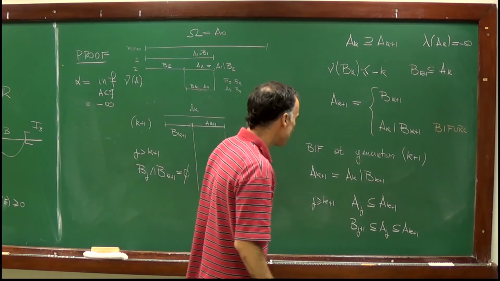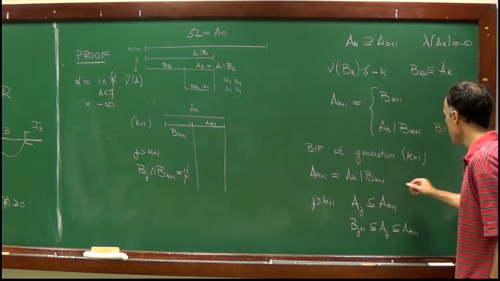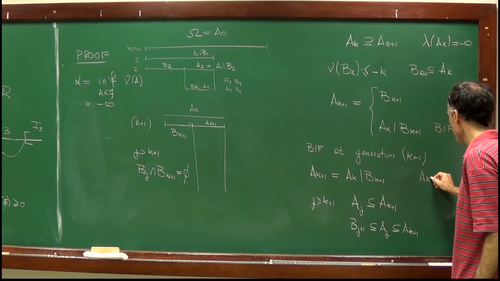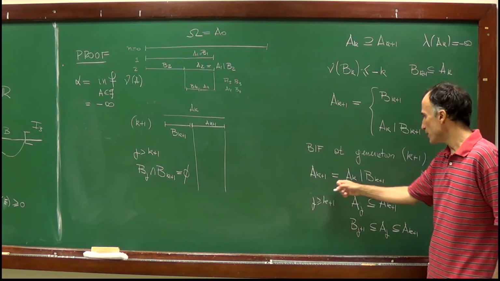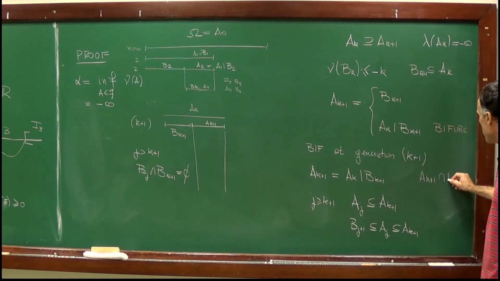So this means that since, remember, A_{k+1} is A_k minus B_{k+1}, A_{k+1} intersection B_{k+1} is empty.